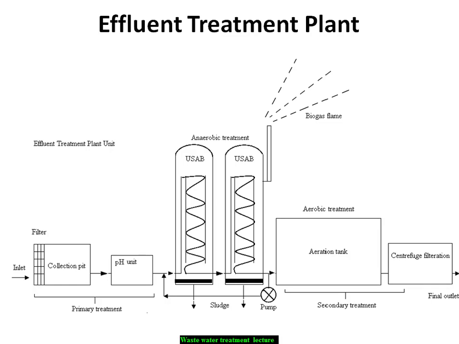After this treatment, these chambers, the USAB chambers, come under the secondary treatment plant. If we check the dissolved oxygen or BOD level after this treatment, about 80 to 90% of the BOD has been removed, and 80 to 90% dissolved oxygen is available in this effluent.